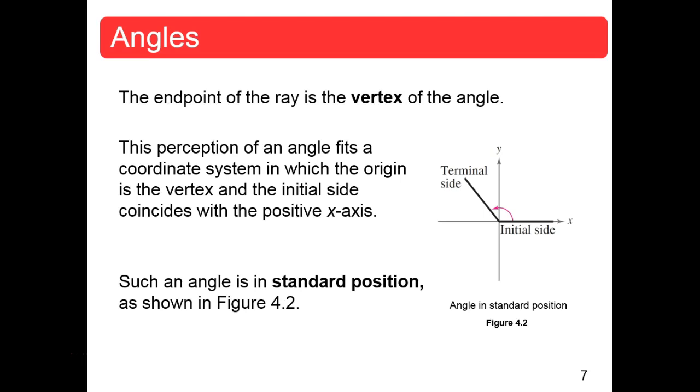And then as long as that ray is in a plane, and it has to be in a plane, and you rotate it, the terminal side will then be somewhere else in the plane. If it's over here, we say it's in the first quadrant, second quadrant, third quadrant, or fourth quadrant. We'll get to those later, but we're rotating. Now, that angle is said to be in standard position.